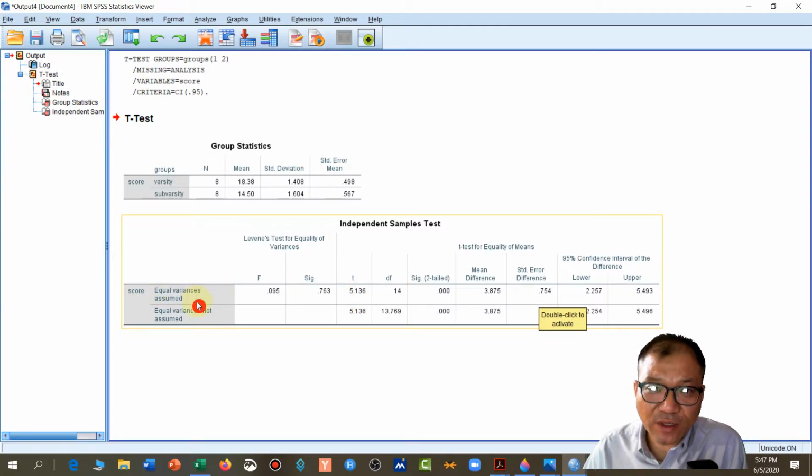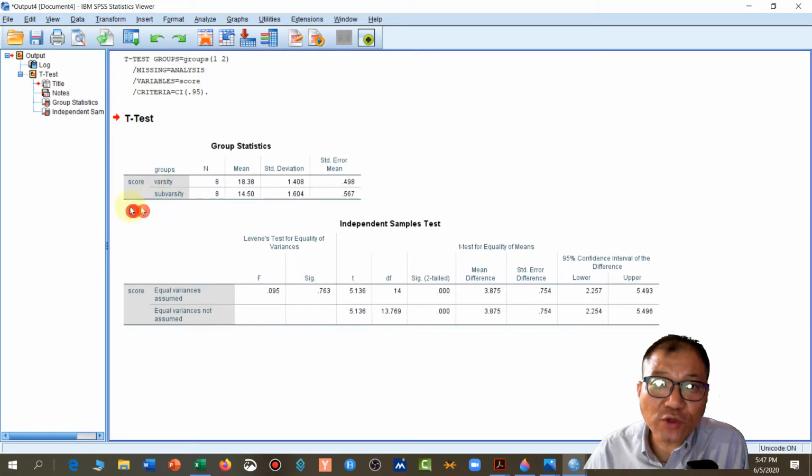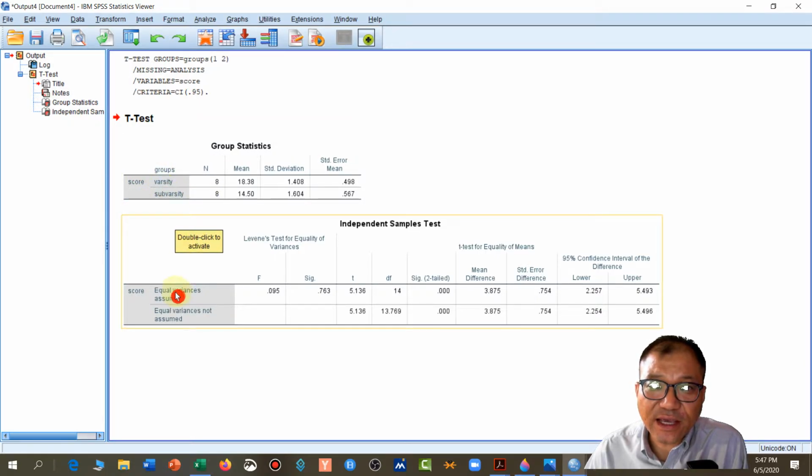Step number 2 is the standard error of the distance, and you can find it right here, 0.754. You can see 2 rows here. The top part is called equal variances assumed.